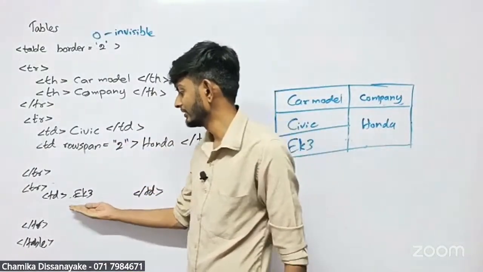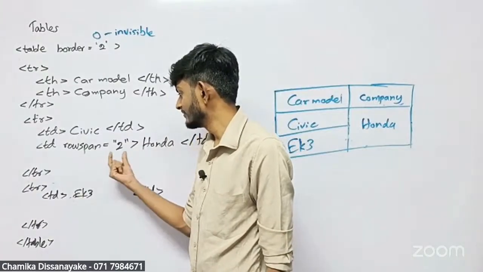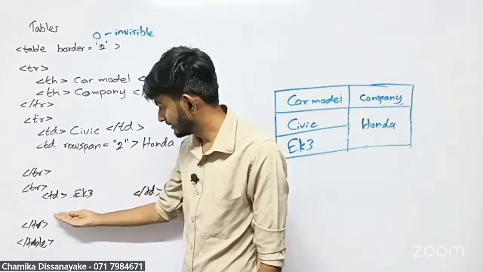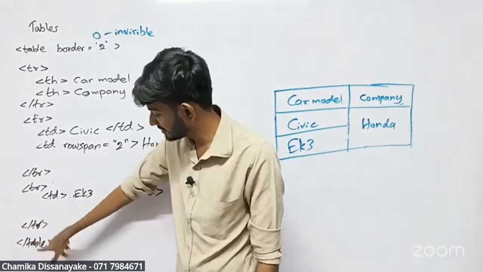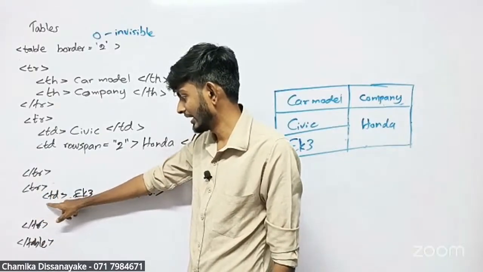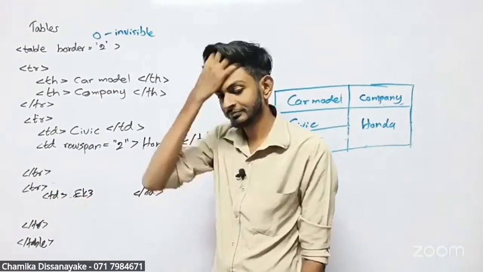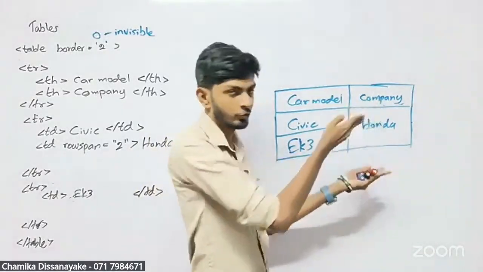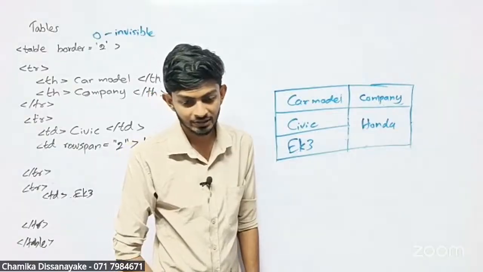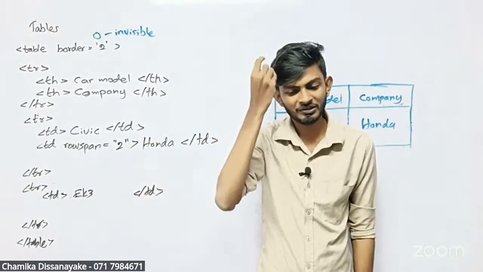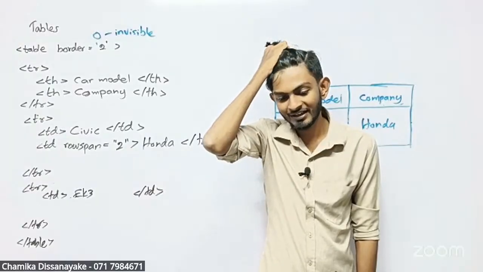We don't need the third row. If we put this as number 3, then in the next row also we have to put only one data, because this data has combined 3 rows, right? Okay, is it okay? Yeah, good.